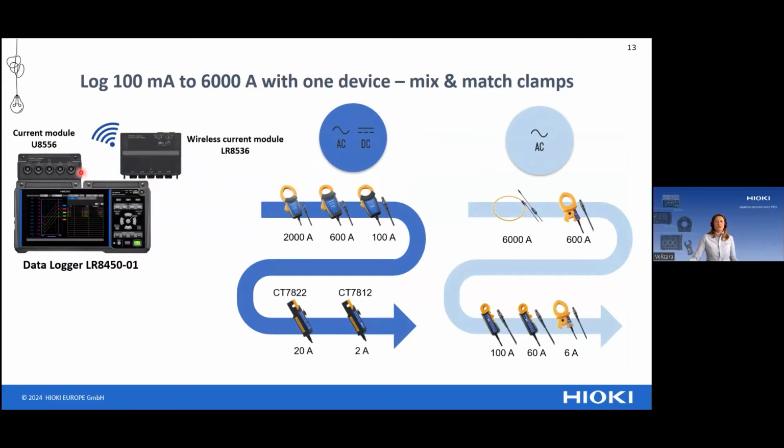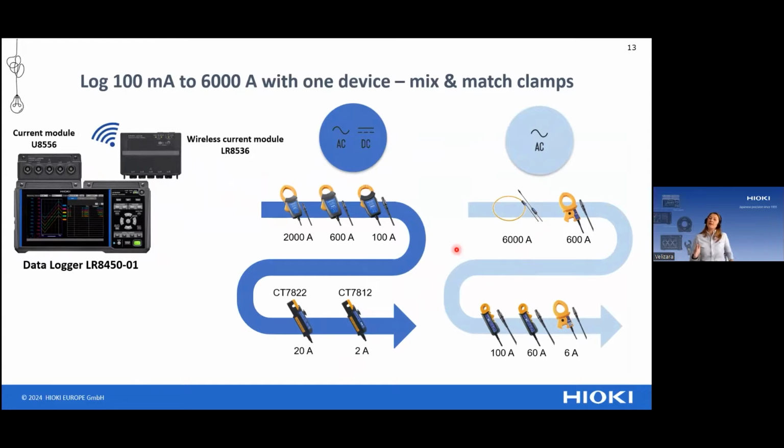We have a variety of current sensors, which covers probably all applications, going from 2 ampere with the CT7812 and going up to 6,000 ampere, for example, with the Rogowski coils.